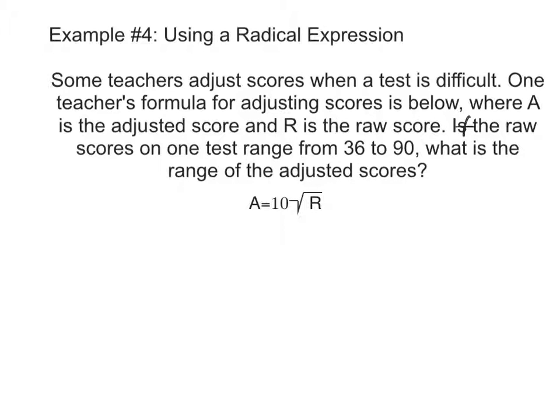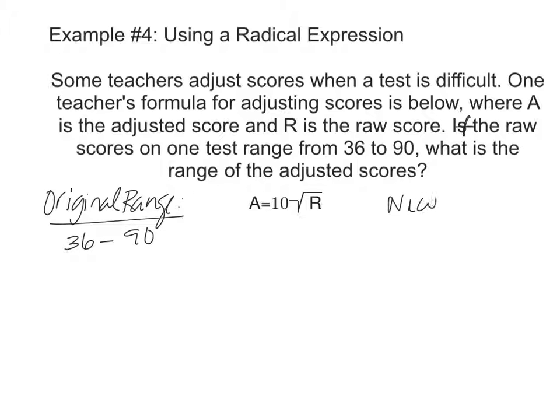So the original range is from 36 to 90. So our new range, we need to figure that out. So if I put 36 in here for R, that's really 10 times the square root of 36. The square root of 36 is 6, so that's 10 times 6, that's 60.